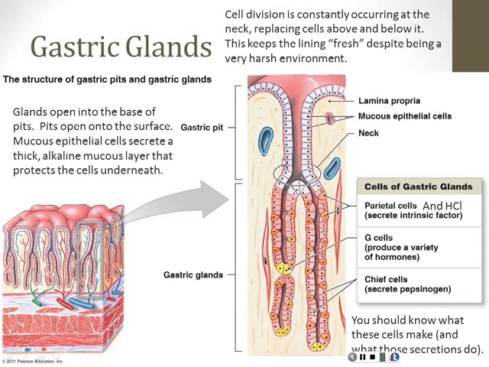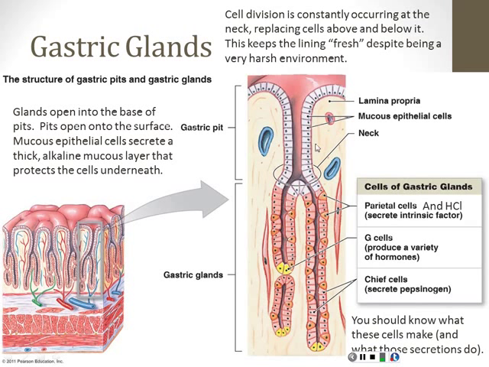So as these cells divide, they're pushed up and they're pushed down. So new cells are constantly being made here, and then they end up at the top where they're destroyed and let go. And then new cells also move down here to replace these cells of the gastric glands.